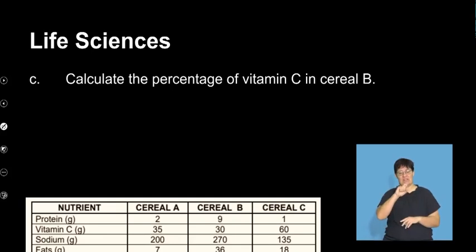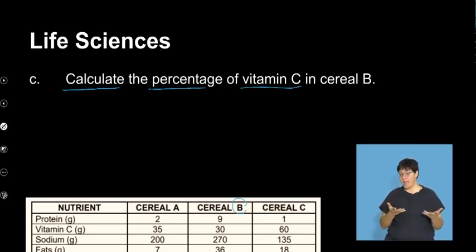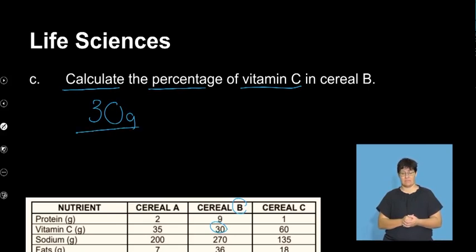Okay, so now we have a bit of a, how can I say, a calculation question. It says, calculate the percentage of vitamin C in cereal B. Now, if you have a look, you've got to go to vitamin C, and there is 30. Now, 30 what? Grams, guys, grams. And what was the mass of the box?